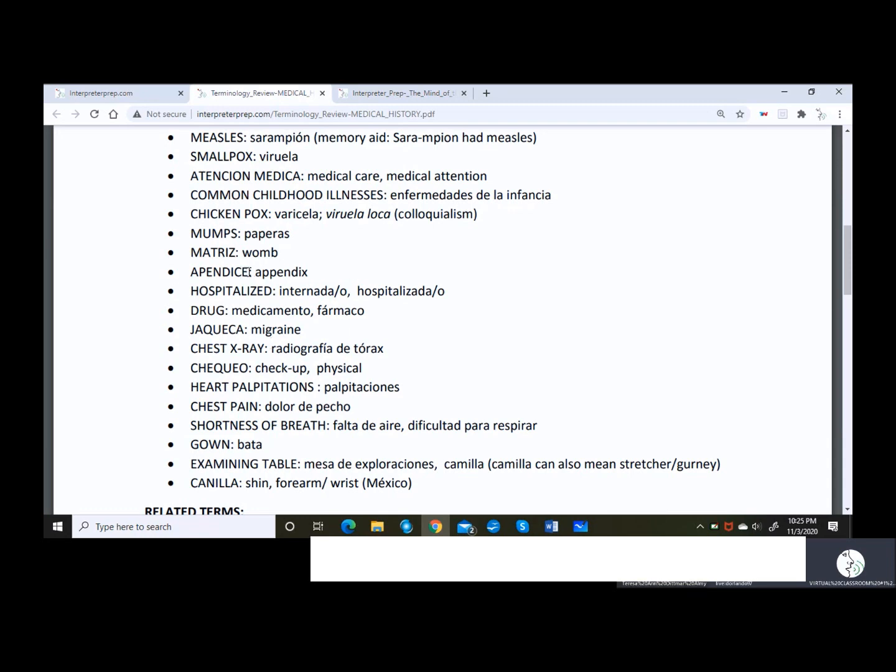El apéndice, David? Appendix. And if you're hospitalized, Terry? Le internan a uno, ¿verdad? Sí, puede estar internado o hospitalizado. Okay. A drug in the context used here, David?